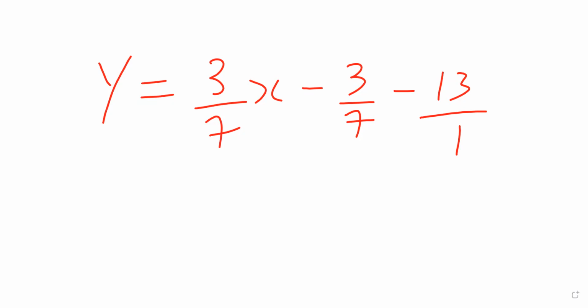It is so much easier to solve fractions if the denominators are the same. But the denominators are not the same, because the denominator for this fraction is 7 and this one is 1, right?